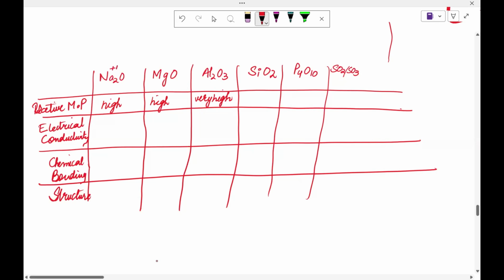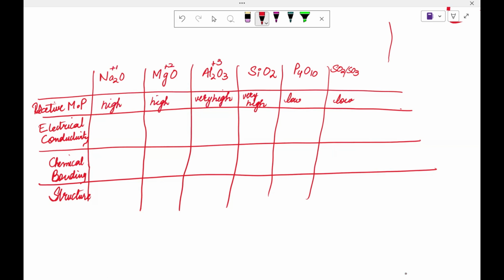Sodium has +1 charge, magnesium has +2 charge, aluminum has +3 charge. Then silicon dioxide, with a giant covalent structure, would be very high as well. But phosphorus oxide turns out to be low. And sulfur dioxide is low as well because they are non-metal oxides with weak intermolecular forces.